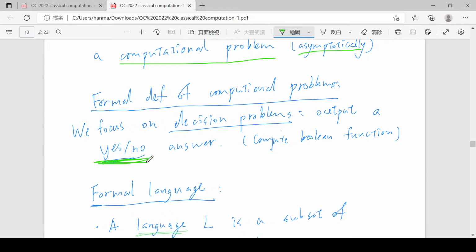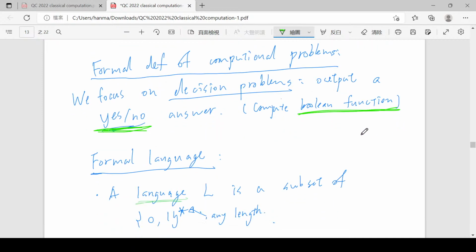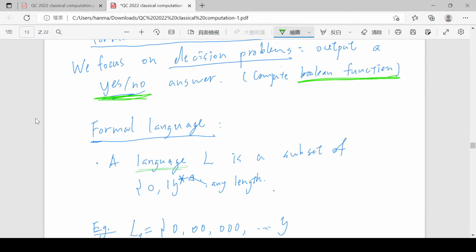We also saw this in just the last class. A decision problem corresponds to computing a Boolean function. Okay, so a decision problem computes a Boolean function. And somehow we give this an even more formal definition.